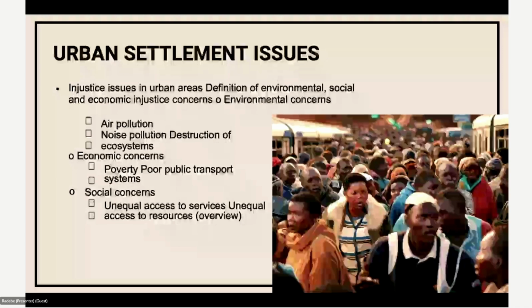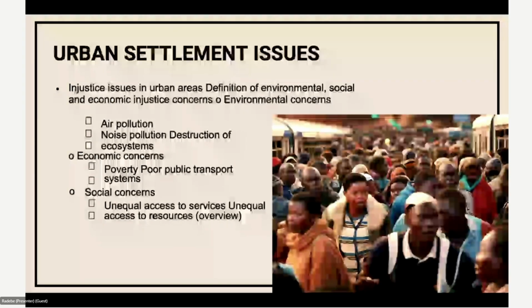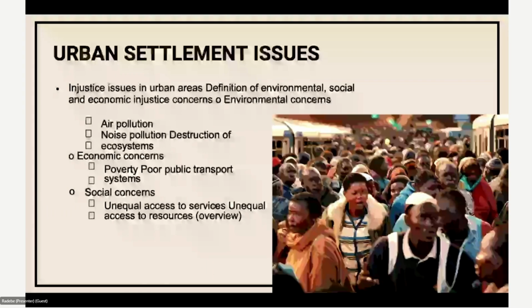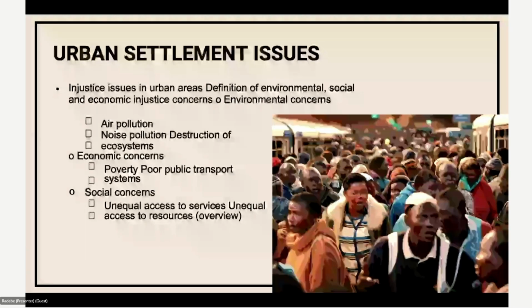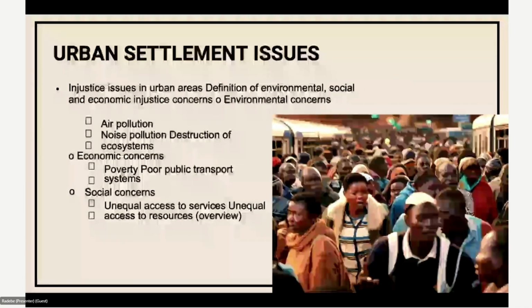It might be on top of the land or inside our catchment or inside the river. That is where our ecosystem has been affected, because chemicals will be entering the rivers, or chemicals will be thrown on the environment. Economic concern: poverty, poor public transport. There's poverty and a poor public transport system in South Africa.